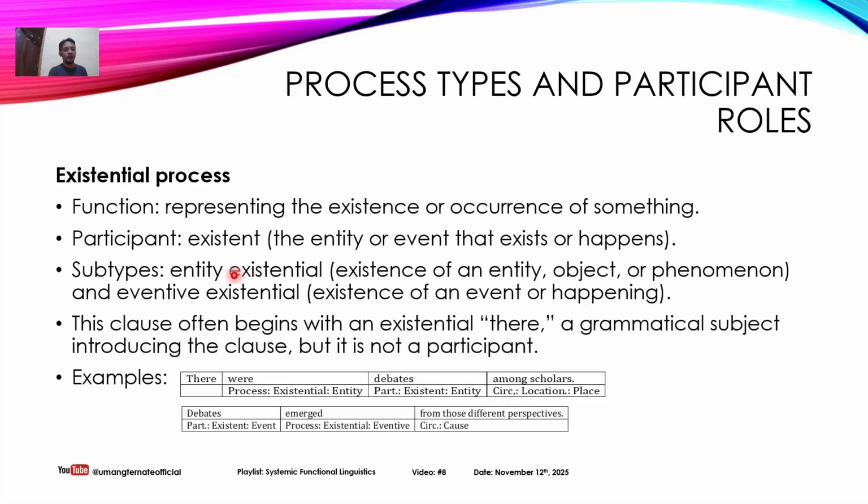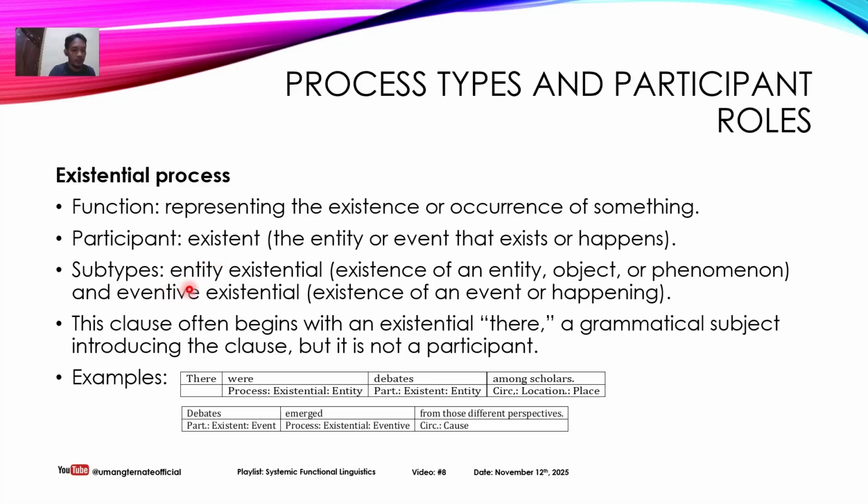Alright. Now is the existential process. The existential process functions to represent the existence or occurrence of something. There is only one participant in this process, that is what exists, which is called the existent, the entity or event that exists or happens. There are two subtypes in this process.